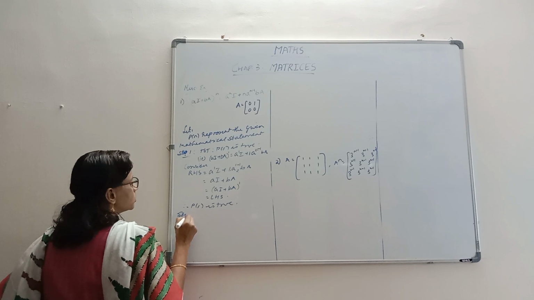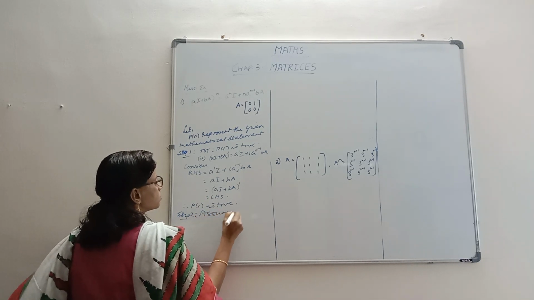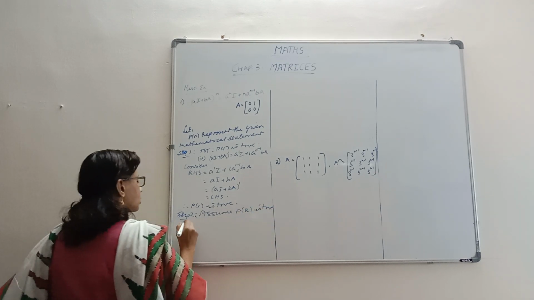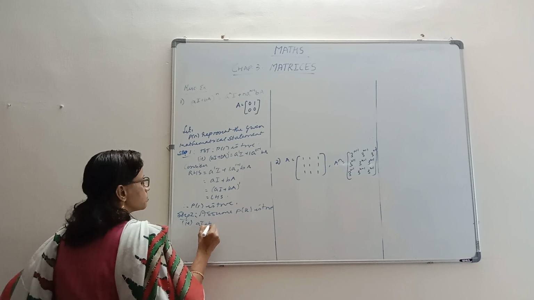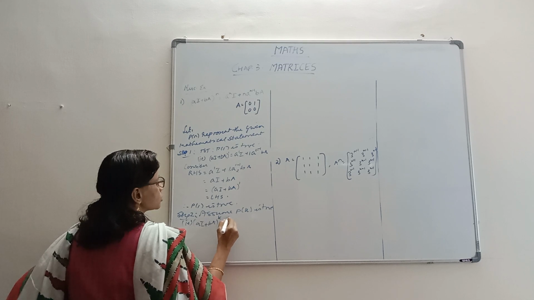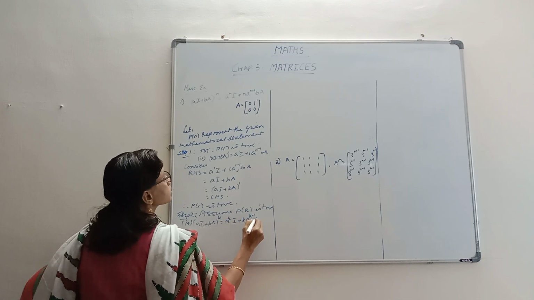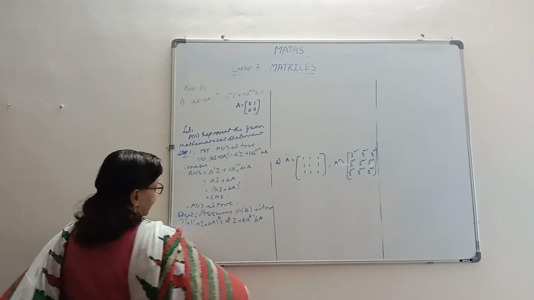We go to step 2, where we assume P(k) is true. Assume P(k) is true, which means that (AI + BA) whole raised to k is actually A^k I + k A^(k-1) BA.